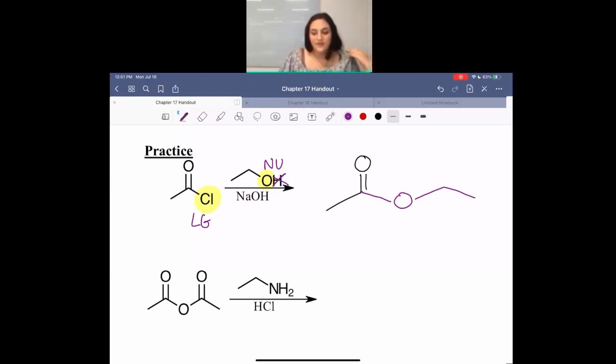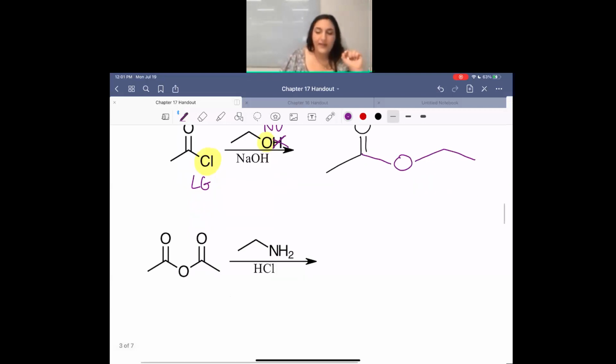If not, let us go to the next one. So this one is what always trips people up. The anhydride. So the anhydride is going to have this whole thing as a leaving group. So remember, oxygen-carbon bonds are the ones that are going to break. So we're going to break this bond here.